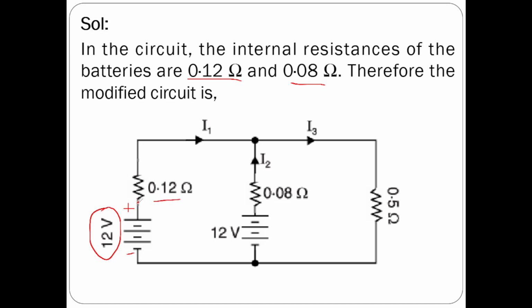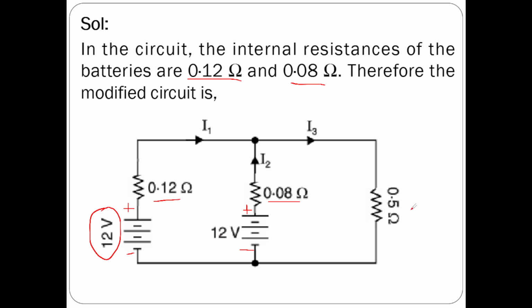I have connected a resistor here and mentioned the value. And another source of 12 volts, its internal resistance is 0.08 ohms, so I have drawn a resistor and mentioned 0.08 ohms here.